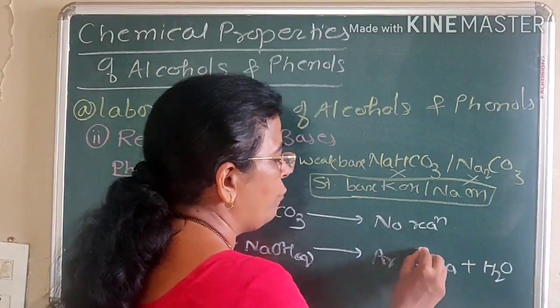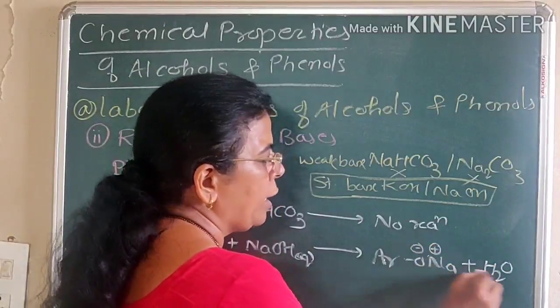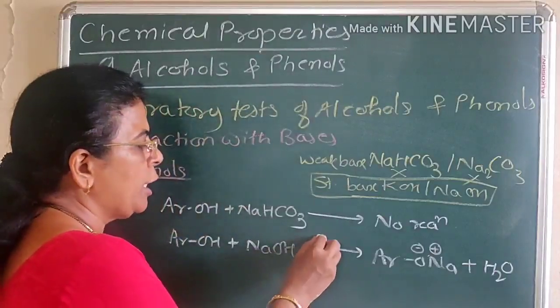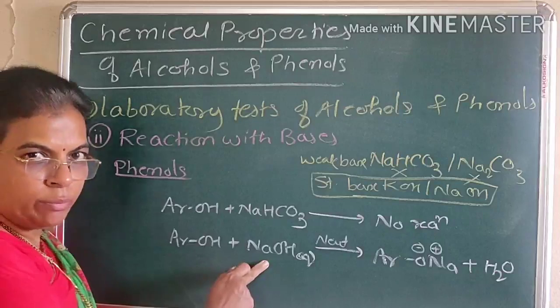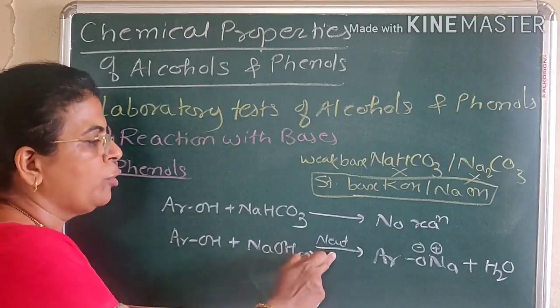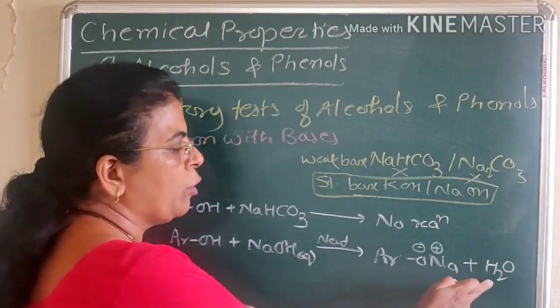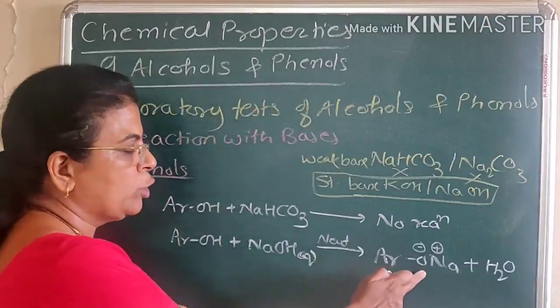Now here this sodium phenoxide is a salt, and water, that is, neutralization takes place. Phenol is acidic in nature, NaOH is a strong base, therefore neutralization takes place to form sodium phenoxide and water. This is a salt.